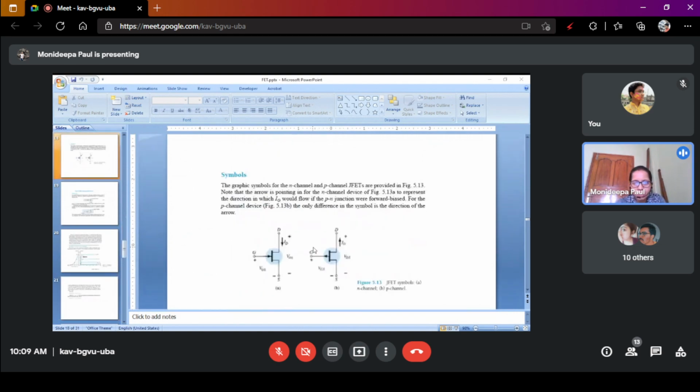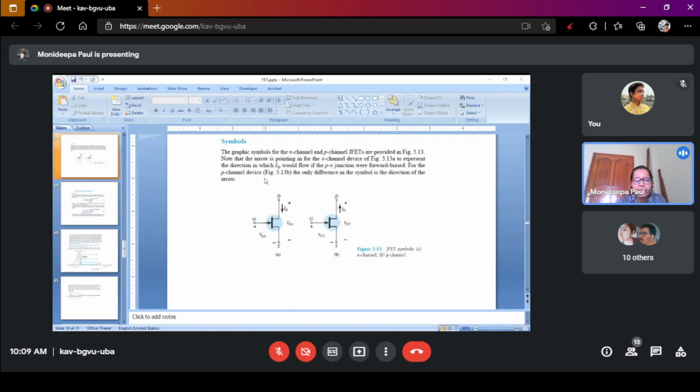Actually, first I will discuss the symbol, before discussing the VI characteristics of N channel and P channel FET. You see the slide, this is the symbol of the FET. This symbol represents the N channel FET. You only see the direction of the current. This is the positive terminal, that is the drain.